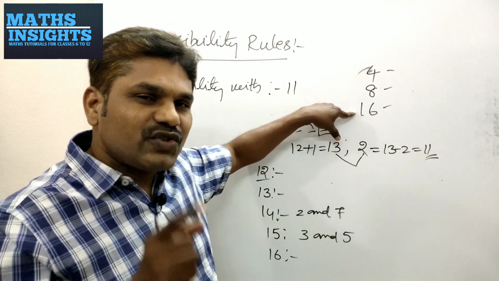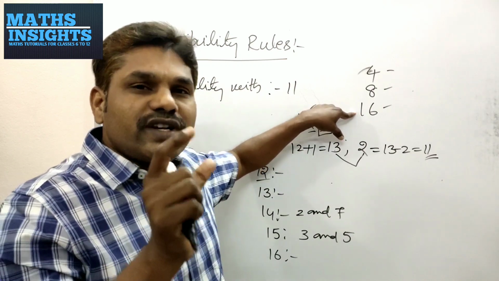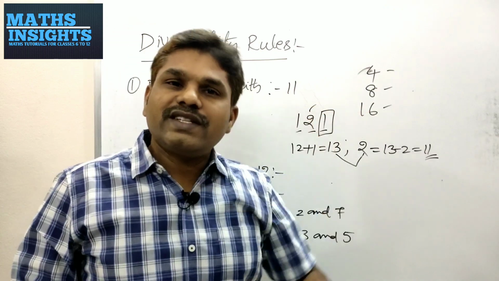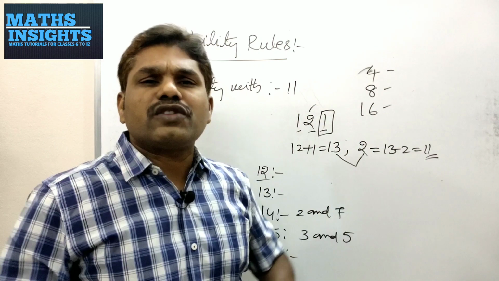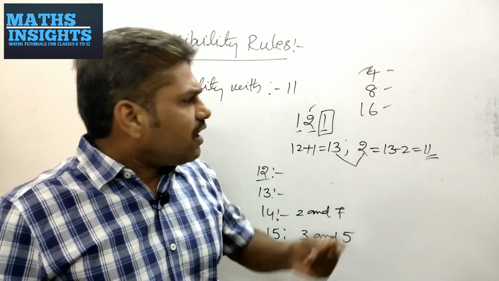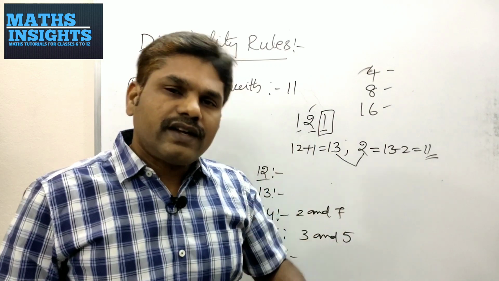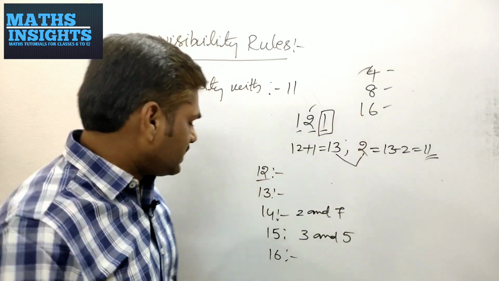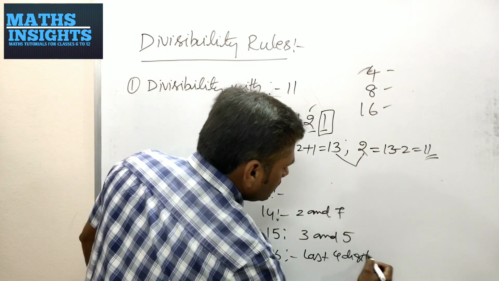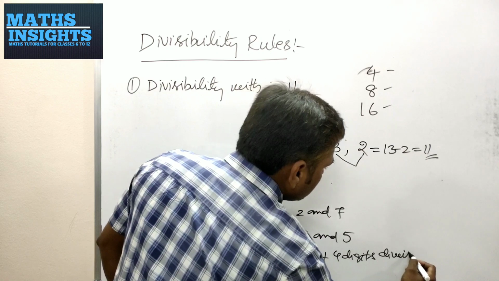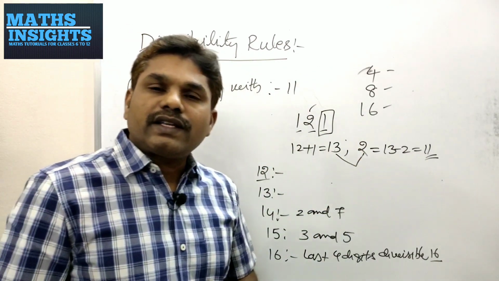So coming to 16, you may expect what it is. You have to take the last 4 digits. If those 4 digits are exactly divisible by 16, the whole number will also be divisible by 16. Or if the last 4 digits are 0, then it is also divisible by 16.